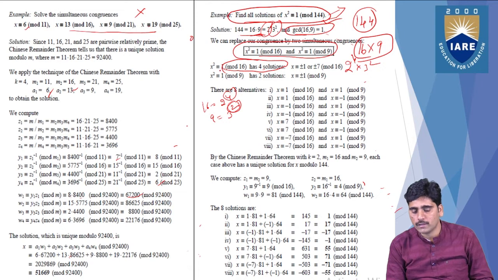So you can write like this: x square equals 1 mod 16 has 4 solutions, and x square equals 1 mod 9 has 2 solutions.